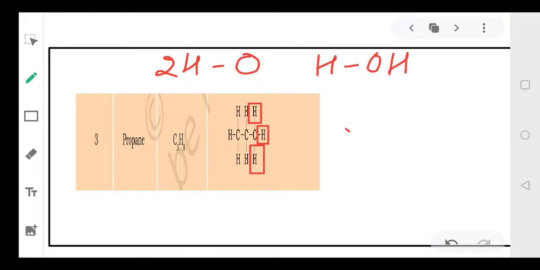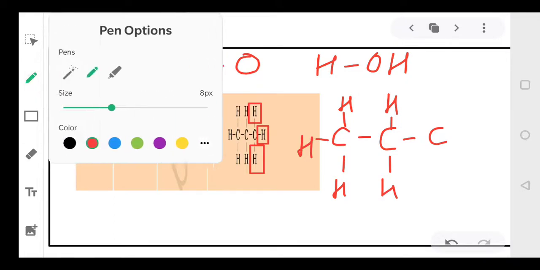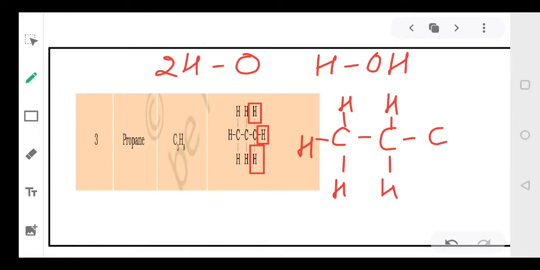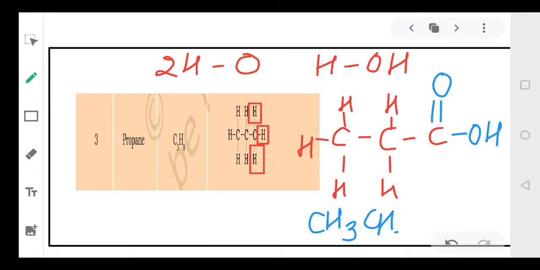Let's represent. So there are 3 carbons. The rest of the hydrogen atoms will remain the same. For the replaced atoms, we will use a different color. So you will have double bond O and OH. Now you can write down the formula: CH3CH2COOH.